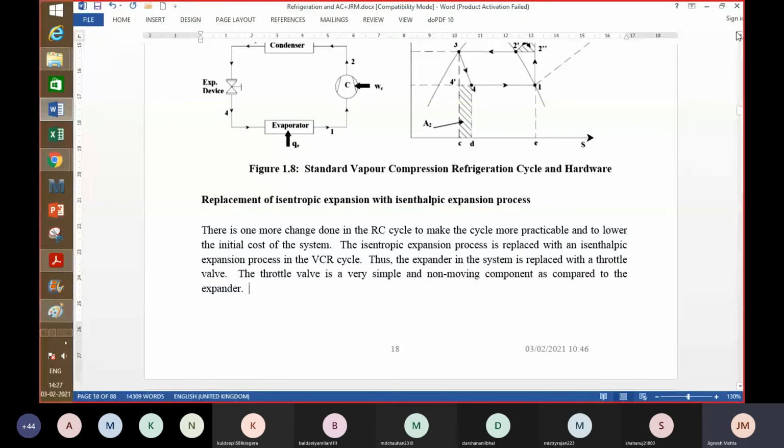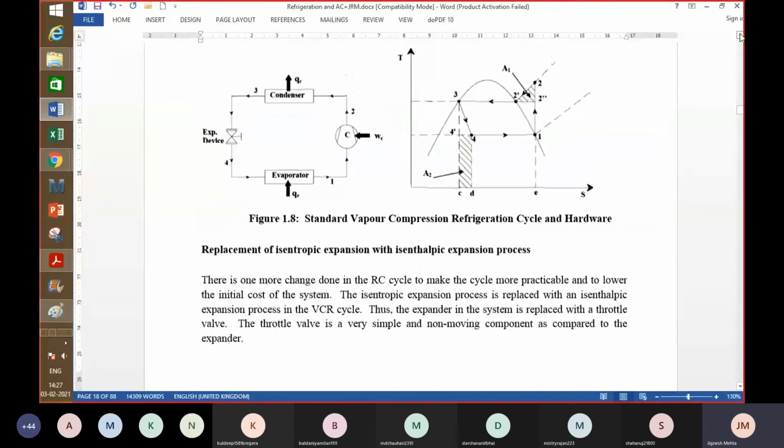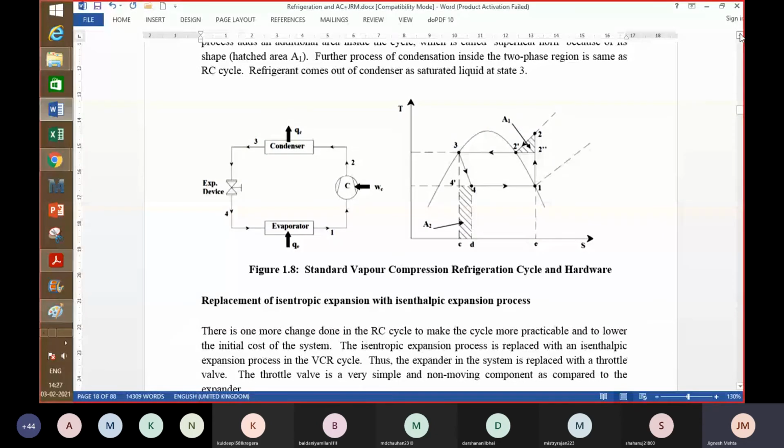Right. So now we have created or finalized this cycle for the refrigeration system. So the different components are evaporator, which is absorbing heat from the space or the product that you want to cool. And then you have an isentropic compression. Right now we are talking about the ideal or standard vapor compression refrigeration cycle.